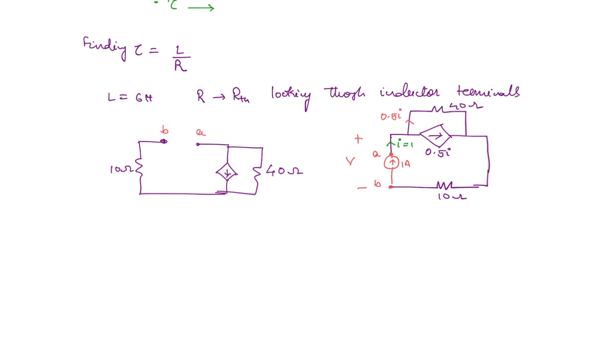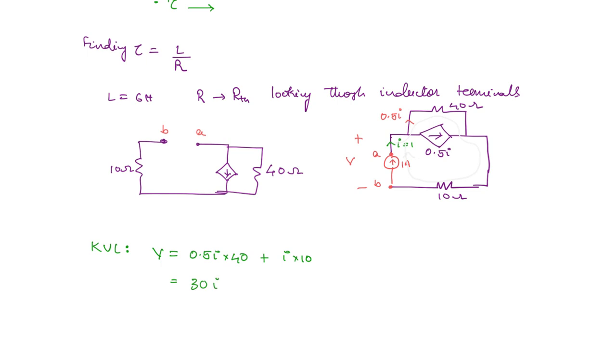So now you can apply KVL, then you are going to get KVL around this loop, okay. So I will just mark it here. We are applying KVL like this, okay. So here you are going to get V is equal to 0.5 times I into 40 plus I times 10, okay, because through the 10 ohm I current is flowing, and this is equal to 30 I, okay.